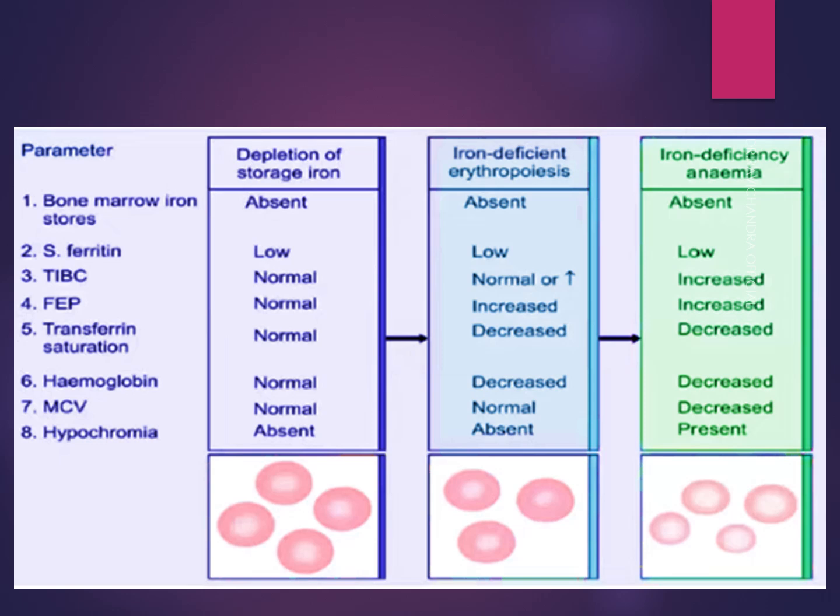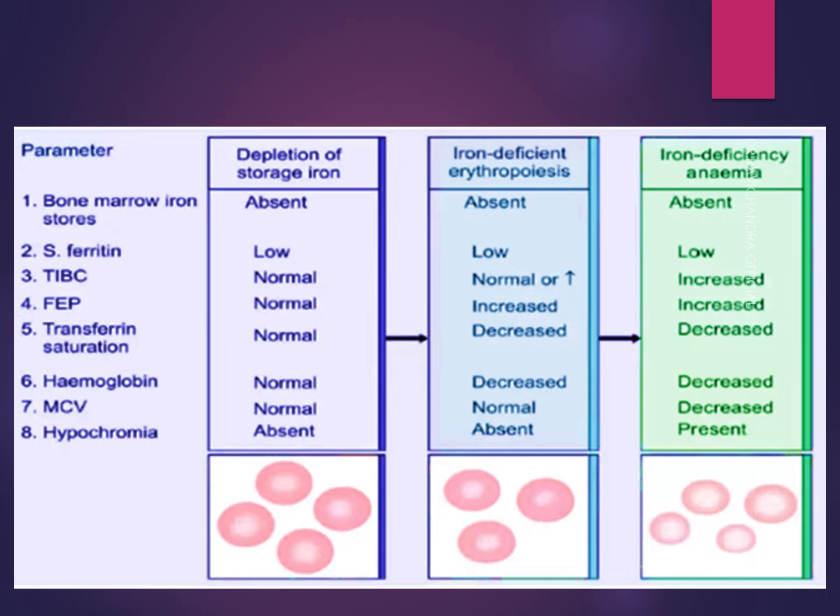But if this stage goes on continuing, then there will be a problem in the erythropoiesis. All the precursors will be converted to erythrocytes, but as there is iron deficiency, there will be abnormal erythropoiesis, thereby causing changes in the parameters.